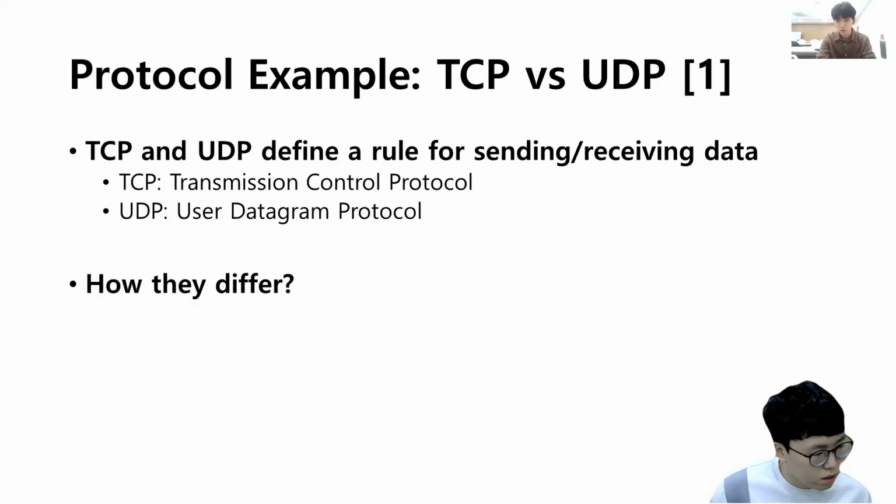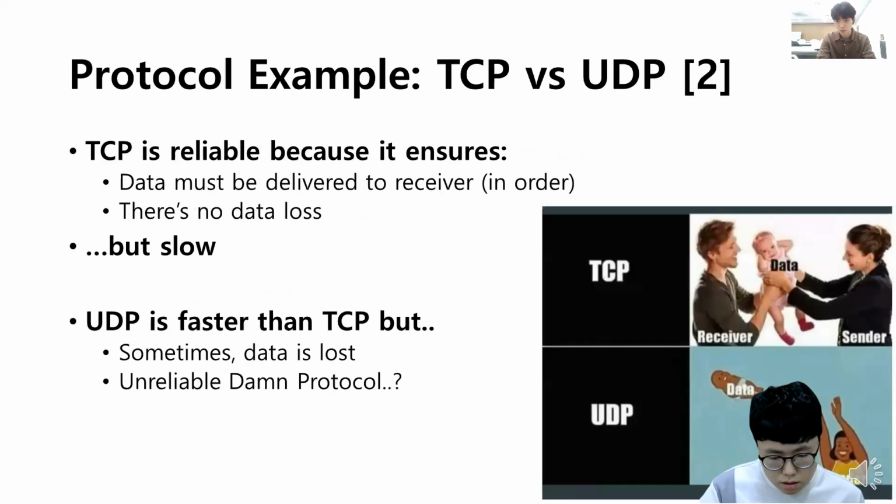For example, TCP transfers without data loss but more slowly. However, UDP has data loss, but it transmits rapidly.